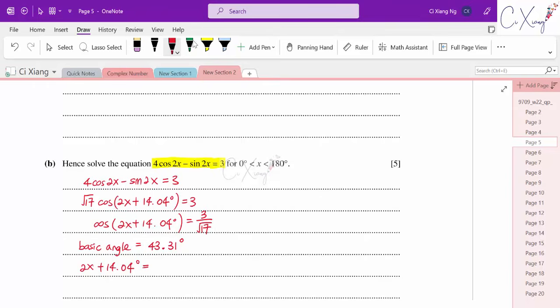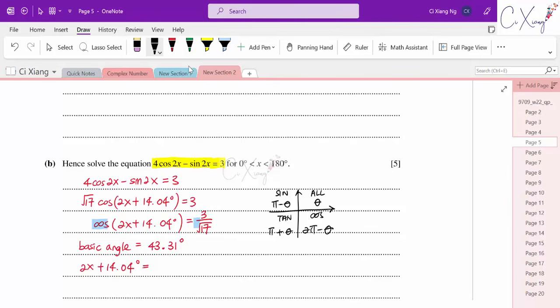What are we looking for? We are looking for cos with a positive value. So for cos with a positive value, basically it appears in the first quadrant and also the fourth quadrant, right? So all, sine, tangent, and then cos. And then it is basic angle, pi minus basic angle, pi plus basic angle, 2 pi minus basic angle.